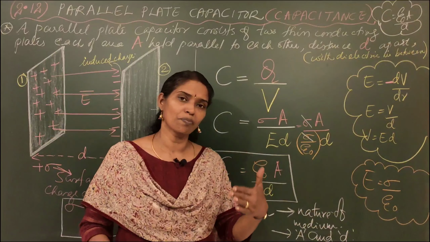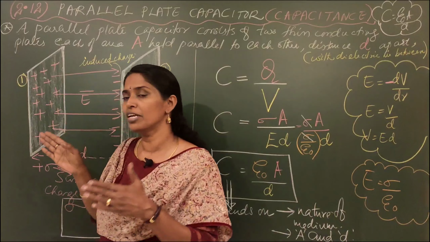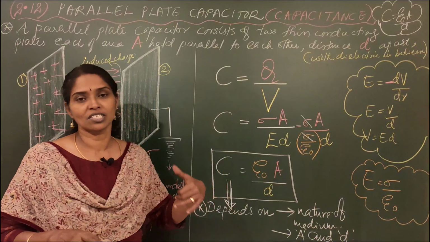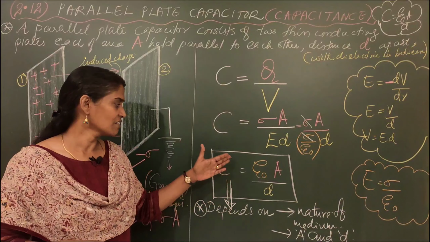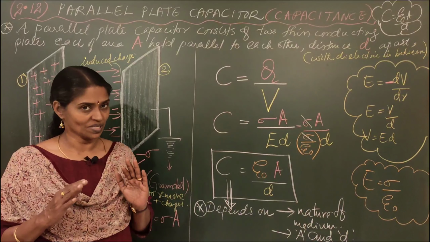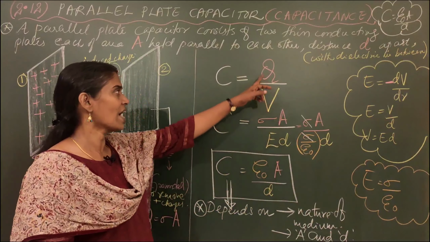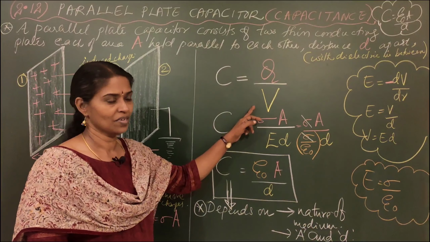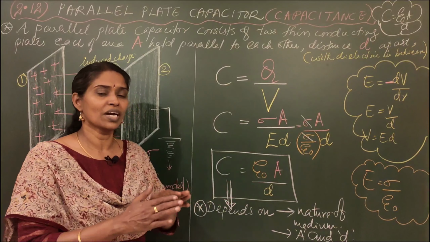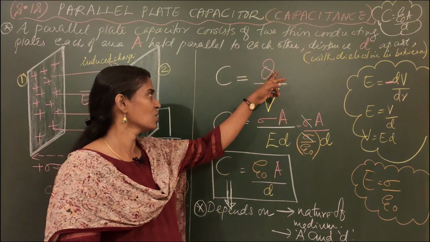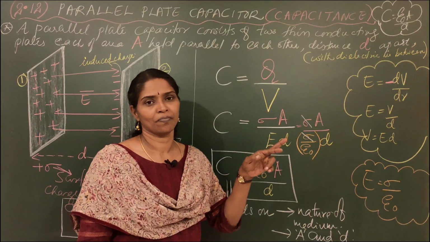Therefore, when you place an intervening medium, capacitance goes up. So these are the factors on which capacitance depends, and it does not depend on either Q or V, because in this equation you can see no dependence on Q or V.